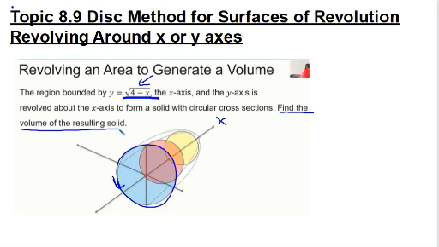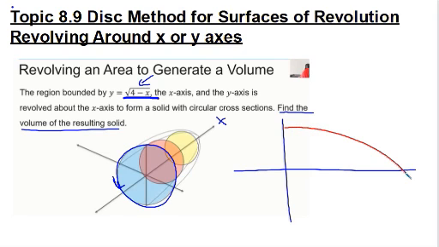When I rotate this, what is the square root of 4 minus x? Well, it looks like this. That's the square root of 4 minus x. It's a square root function that's been moved and reflected.